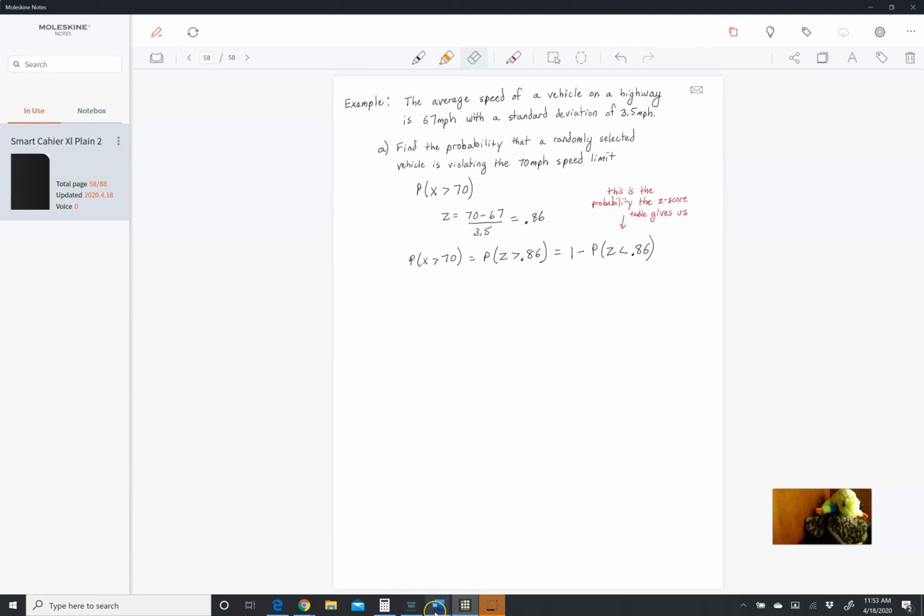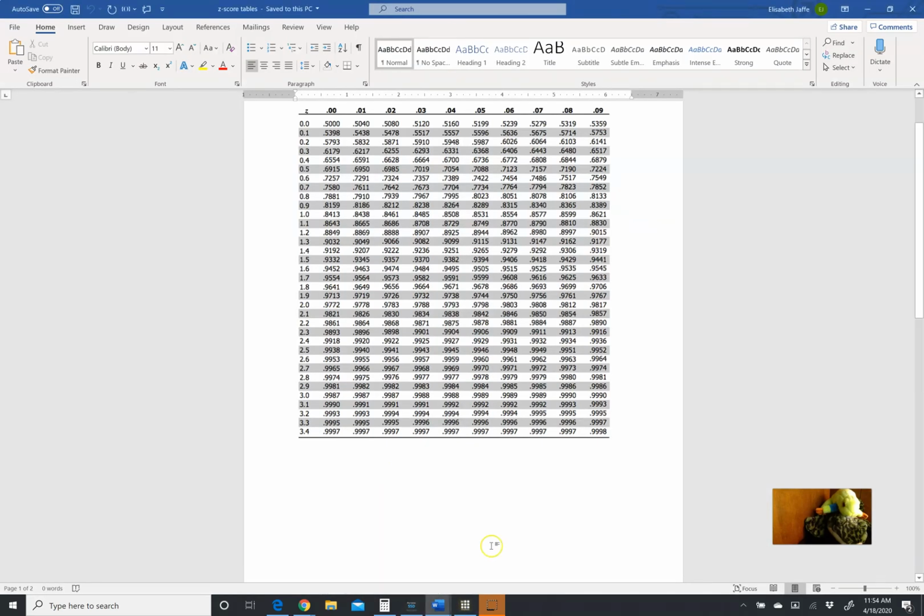We're going to go to our z-score table. I'm getting to love this table. We go to 0.8 and we go over to 0.6. A reminder: always look at the column and make sure you're in the right column. So it's 0.8051.